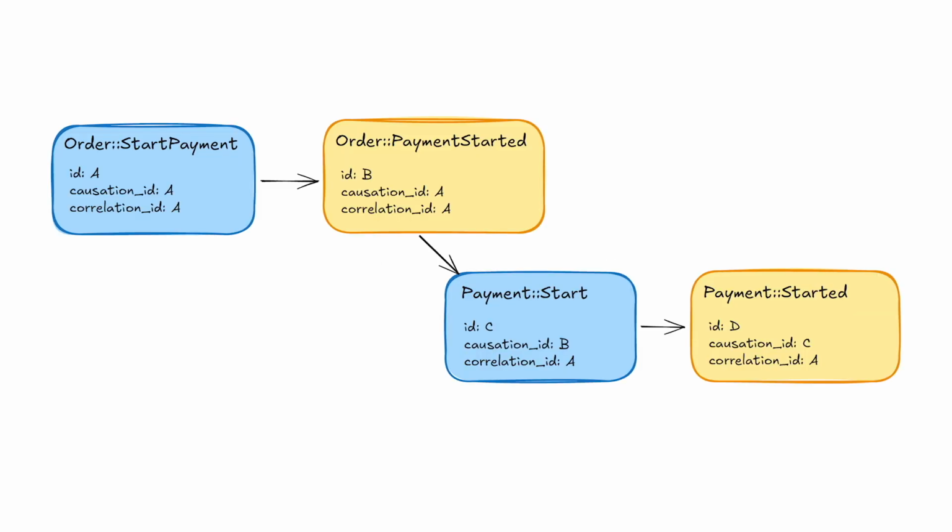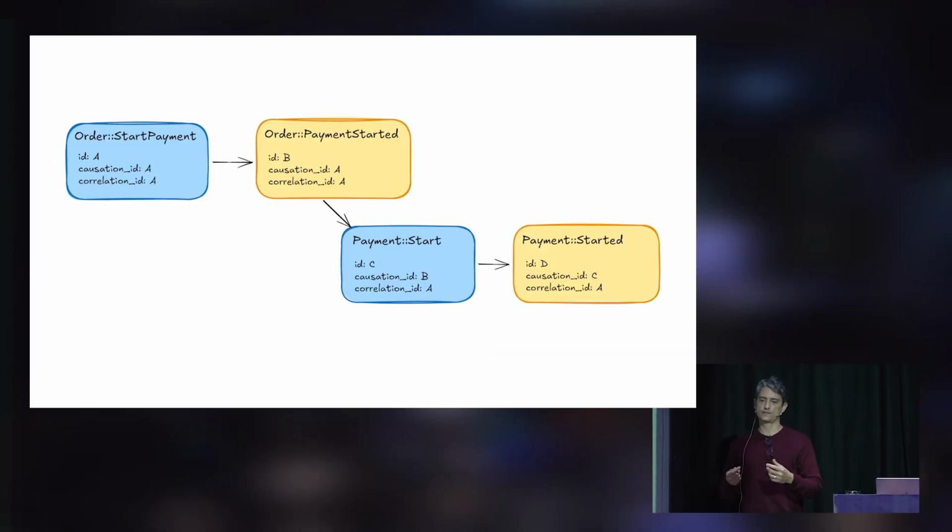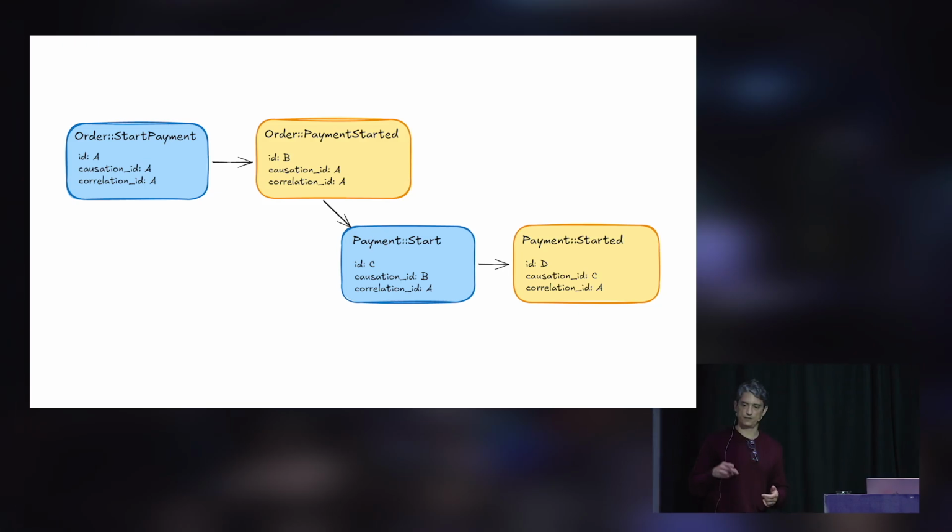So in my implementation, for every command and event that you send and handle, it will track the event causation and correlation for you. What's the causation? The causation is basically the first command caused the first event in the order stream, which then caused the first command in the payment stream, which caused the first event in the payment stream, right?